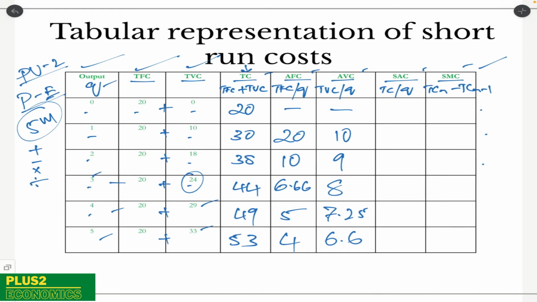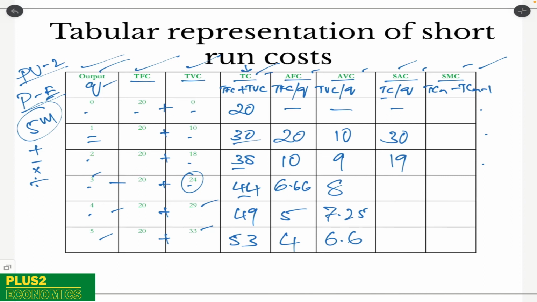Now let us move on to the SAC column. SAC stands for short-term average cost. The formula is TC divided by Q. So we have TC here and we have Q here. First row, no value. Then we have to take TC, so it is 30 by 1. 30 by 1 is equal to 30. Then we have 38 divided by 2, which is equal to 19.